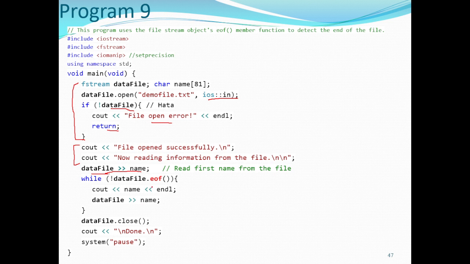a loop, right? Until the end of file, this simple line tells me that until the end of file, read all the names in chunks from the data file, write all the names to the screen and then read the next name.